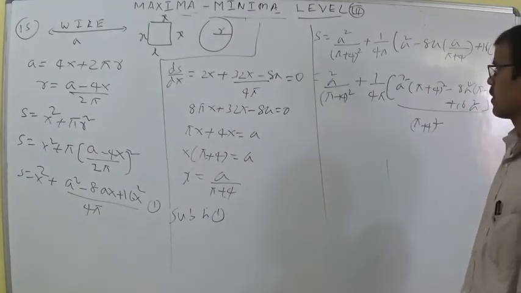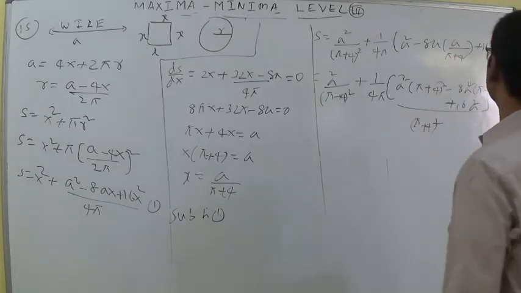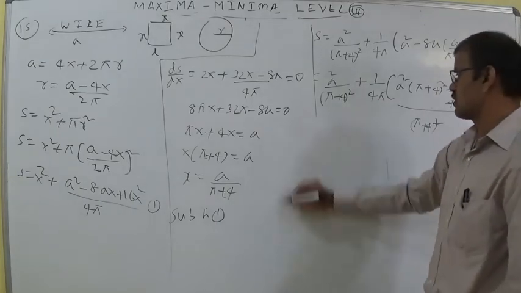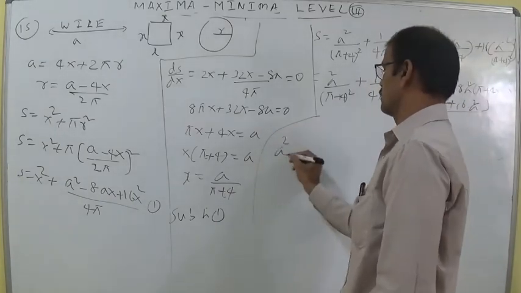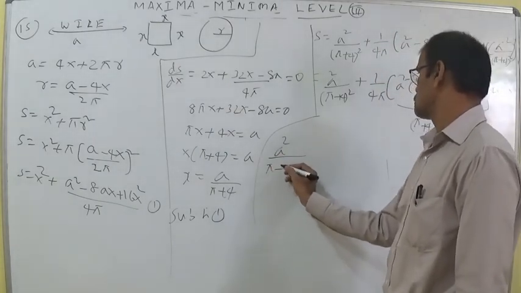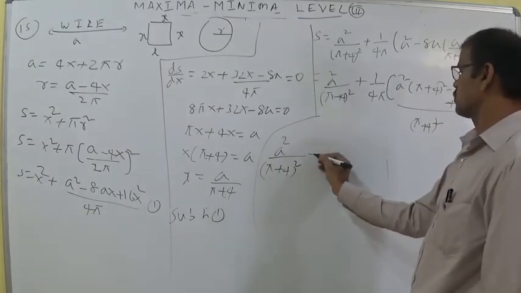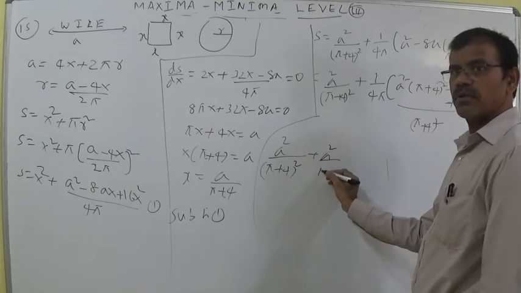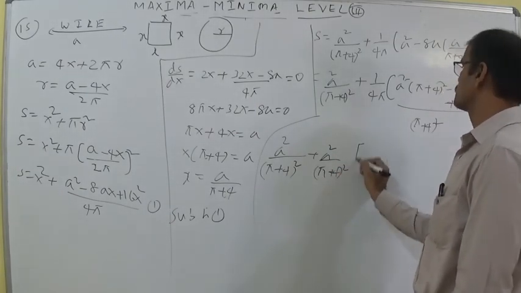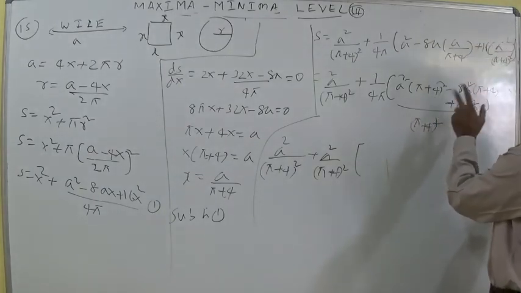A square by (pi plus 4) whole square is there. So take an LCM. A square common, we have a square by (pi plus 4) whole square, into (pi plus 4) whole square minus 8 into (pi plus 4) plus 16.